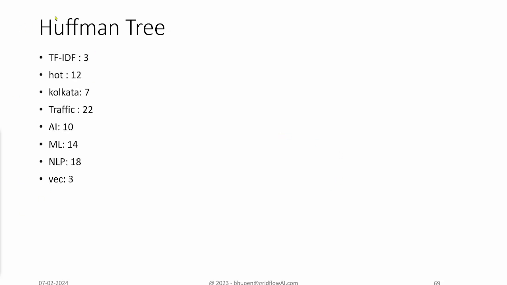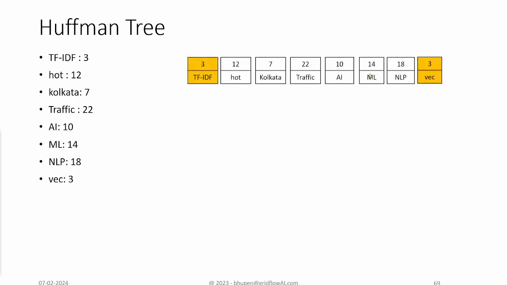So let's look at a hypothetical dictionary or a corpus. We have words like TF-IDF 3 times, hot 12 times, Kolkata 7 times, traffic 22, and so forth. Let's put them in this order.